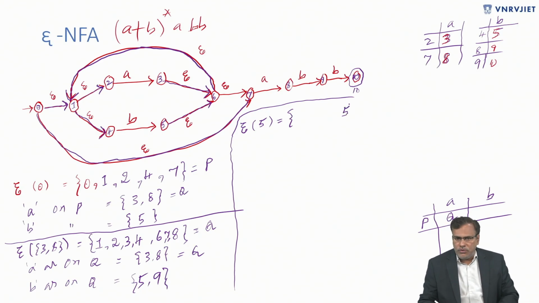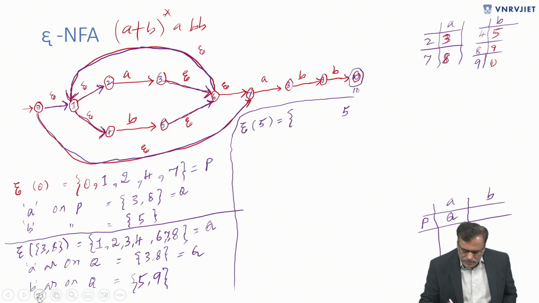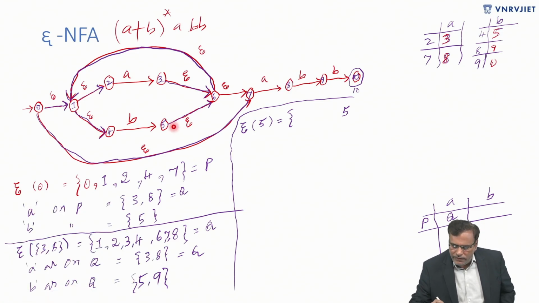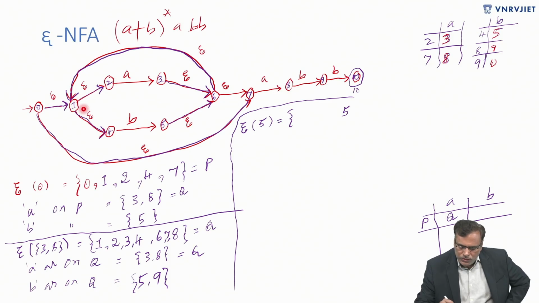So, you are known epsilon closure of S in the sense S is added to it, and then second rule says, from S what are the other states that can be reachable only on an epsilon transition. All those states must be added. So, from 5 what are the other states that can be reachable only on epsilon? From 5, first let me tell you, from 5 on epsilon you can go to 6, 7, right? So, this 6 and 7 are going to be added, and also 1, 2, 4.